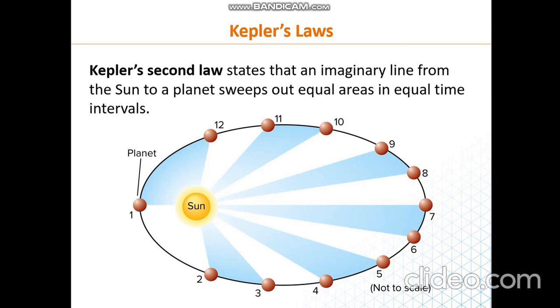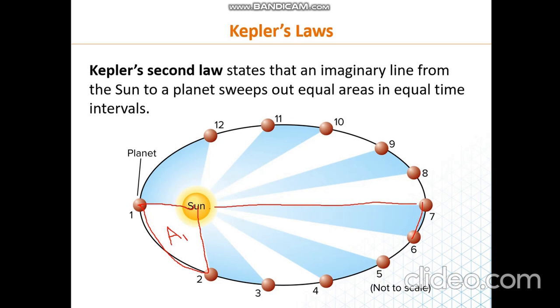Let's say we have this imaginary line connecting the sun to the planet, and the planet goes from point 1 to point 2 in 1 month. So it's sweeping this white area that I will call A1. And later, in another month, it moves from point 6 to point 7 on the ellipse, so it sweeps out this blue area.